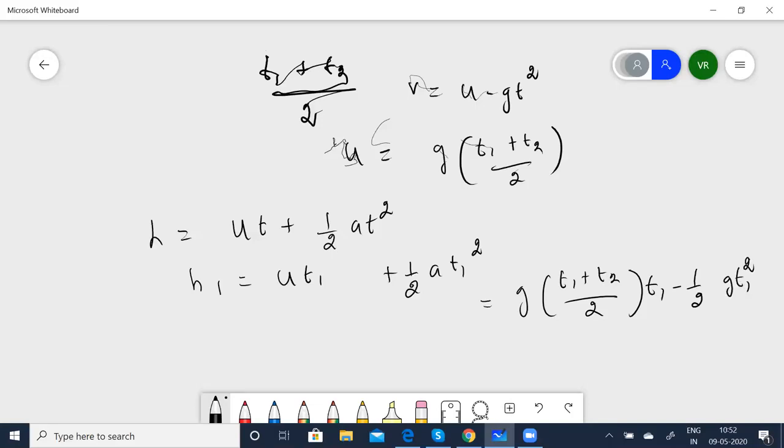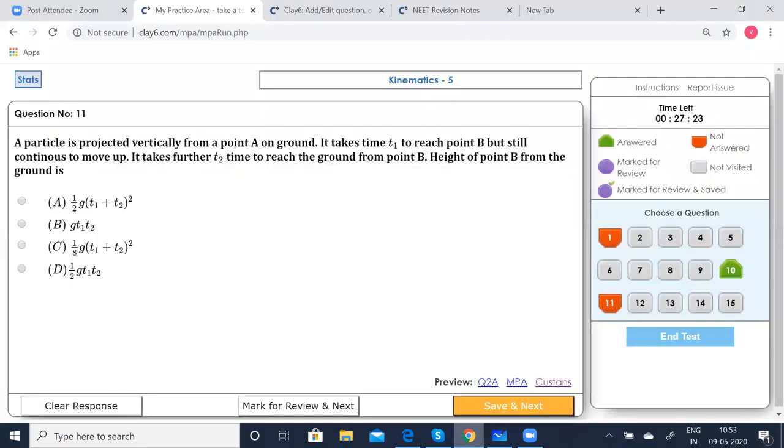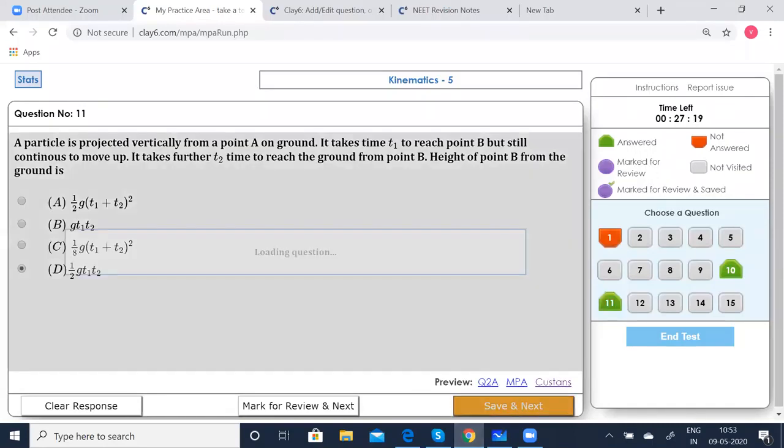After simplification you can see that h is half g t1 t2. So D is the correct option. Click that and go to the 12th.